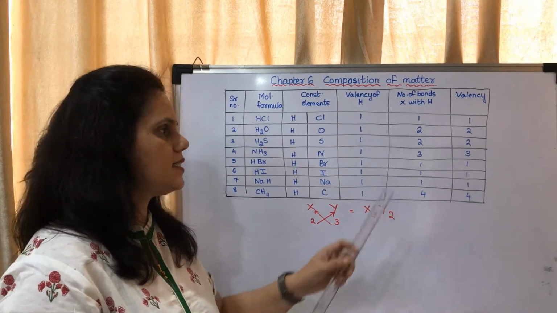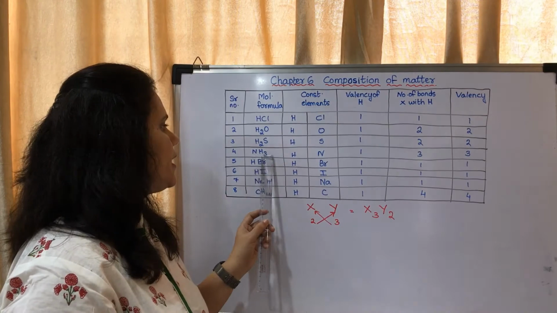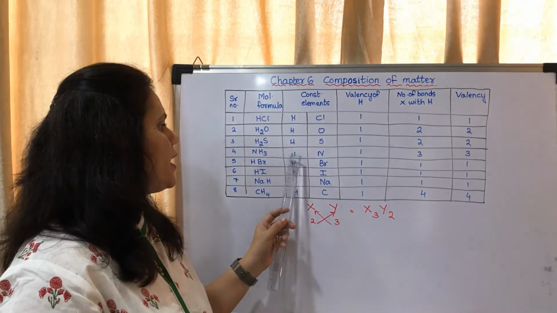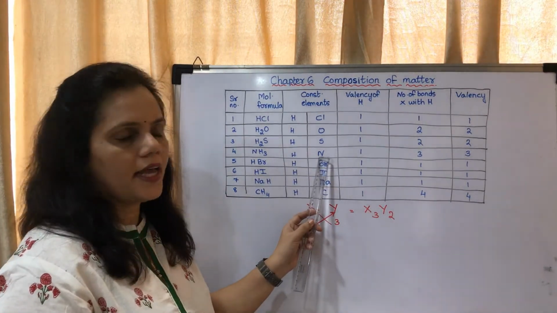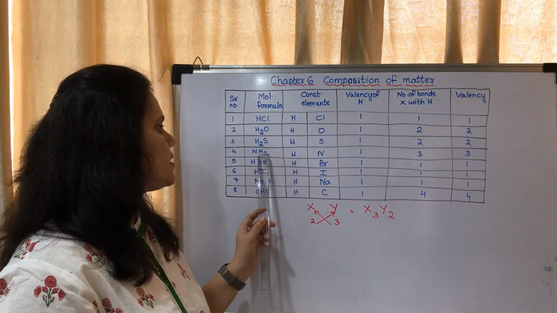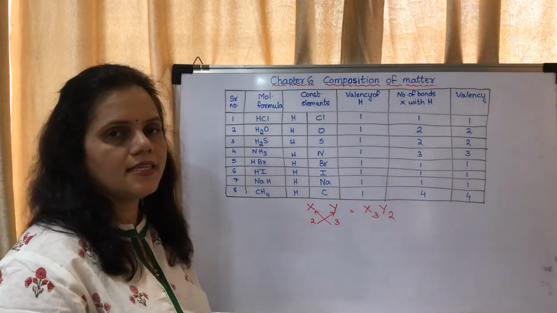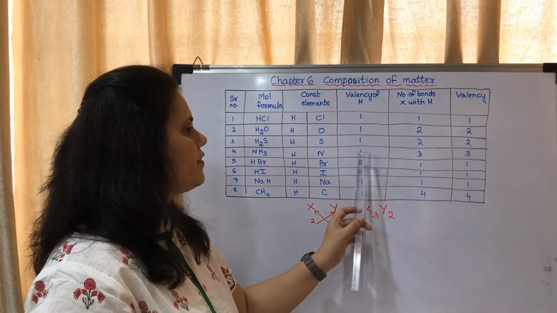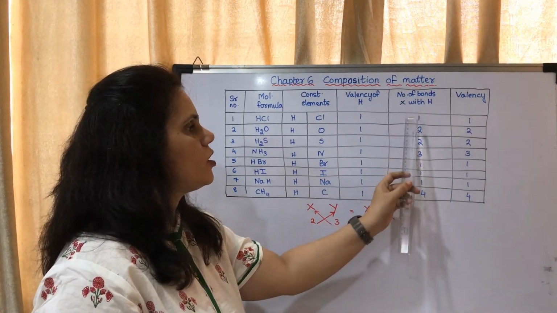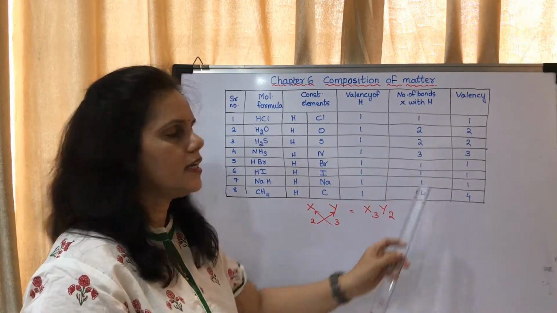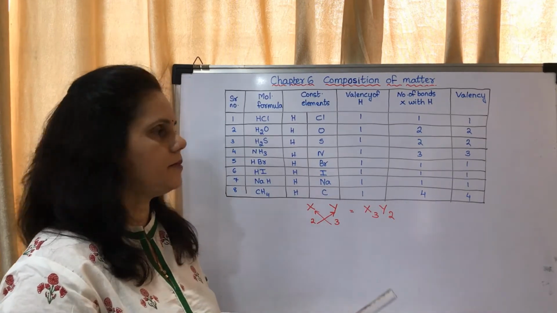That means the valency is 2. NH3, H and N. For H the valency is 1, for N the valency is 3. So the valency of hydrogen is 1. The number of bonds of X with hydrogen is 3. So the valency is 3.